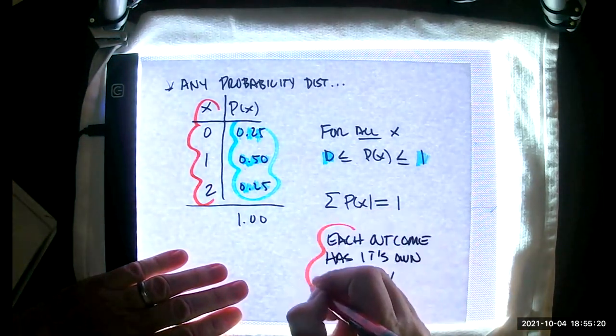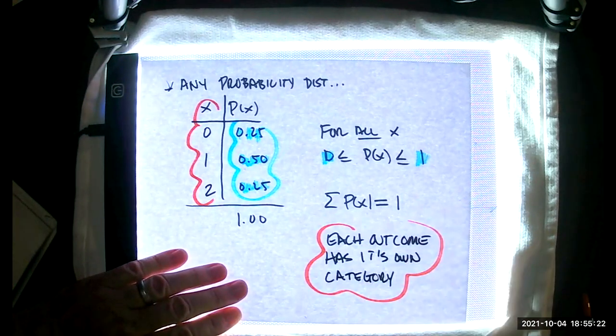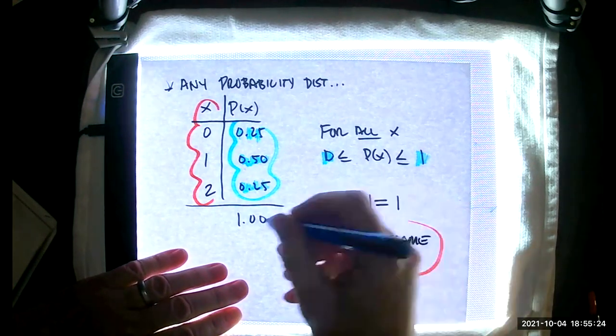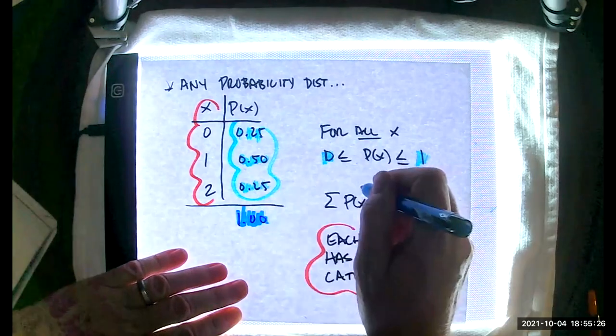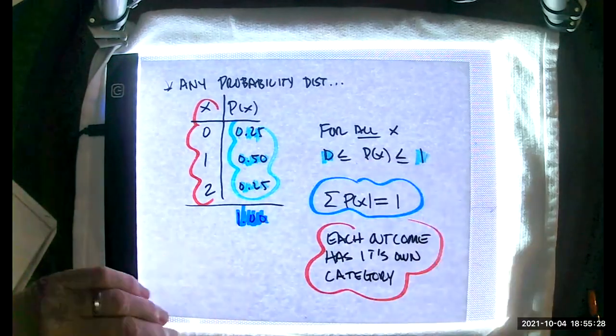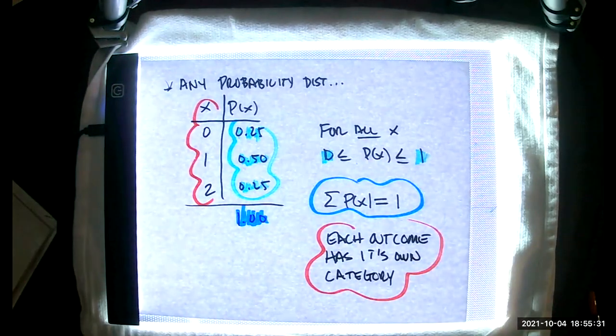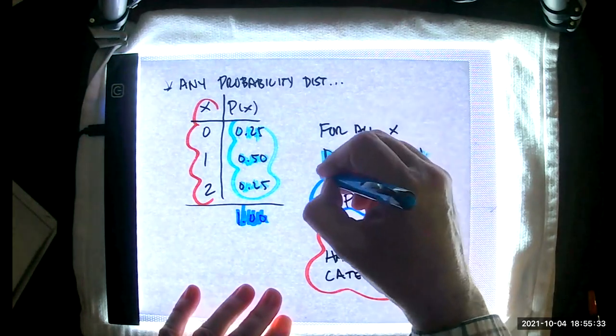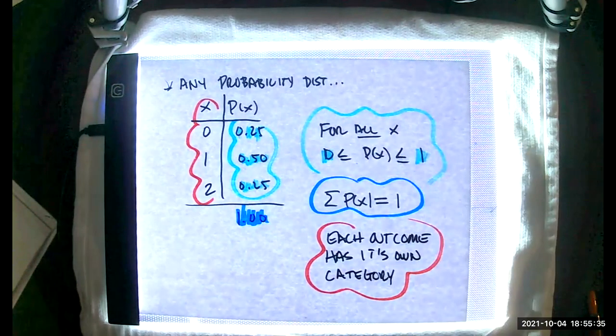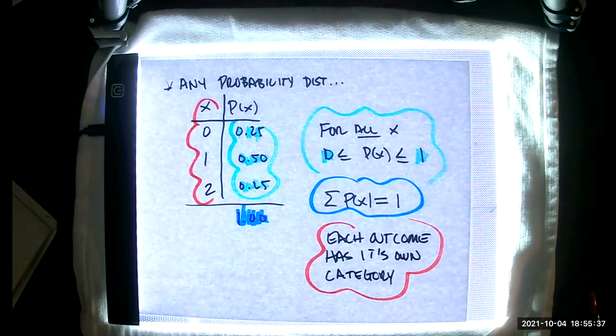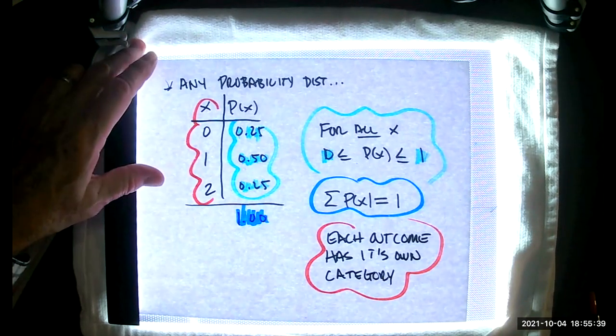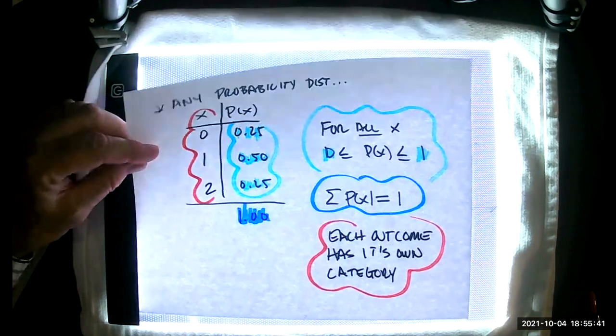So each outcome has its own category. And the probabilities sum to 1. That is the basics of any probability distribution.